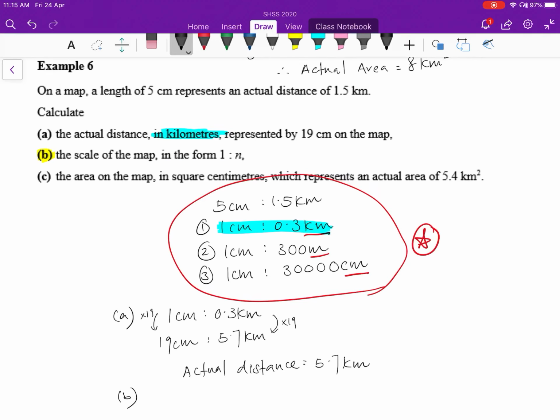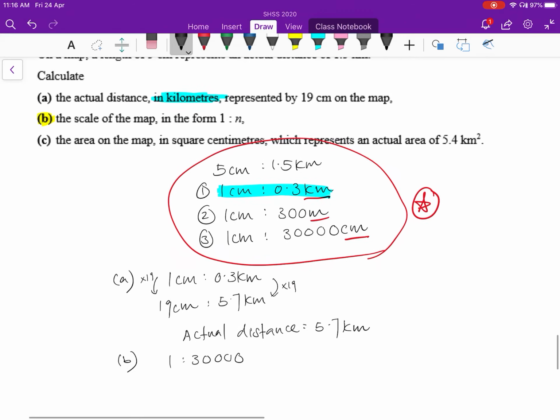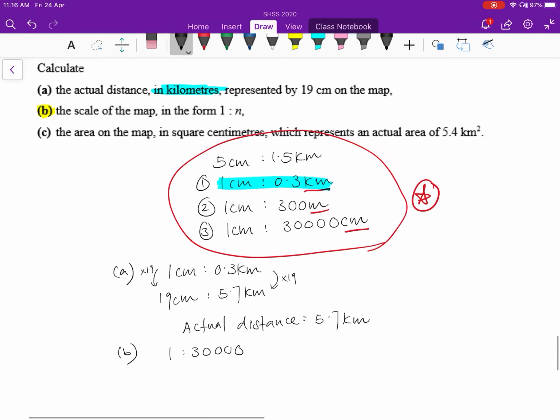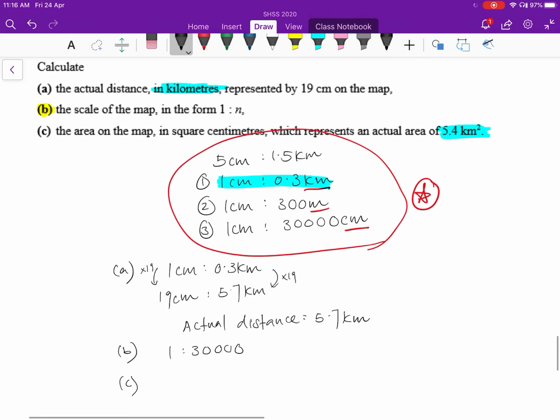Now part B, the scale of the map in the form of 1 is to n, we already done it, but remove the units. So it's 1 is to 30,000. The area on the map in square centimeters, which represent an actual area of 5.4 kilometers square. See, this area is in kilometers, so I use number 1 because it's already in kilometers.